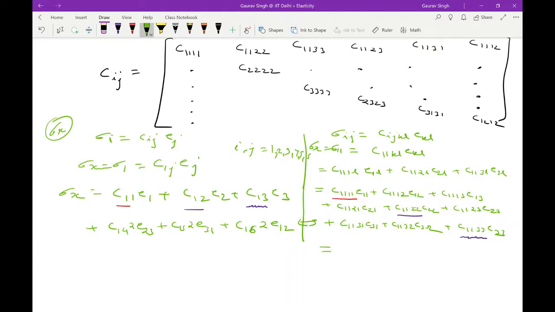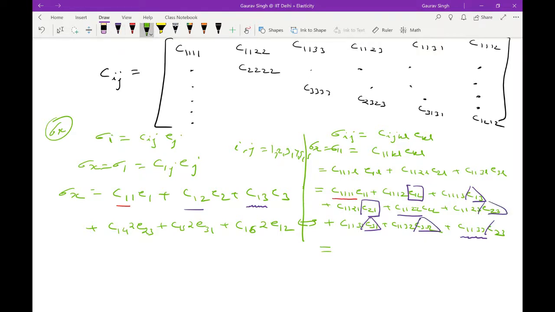In this one, the strain tensors are symmetric. That would mean that this quantity and this quantity are the same. Similarly E13 is the same as E31 and E32 is the same as E23.